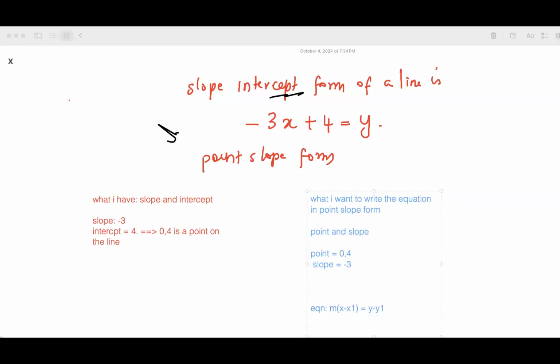How are we going to write it? You know the slope is minus 3. You put it outside. X should be there in our equation. X minus x1, where x1 should be that point, 0, will be equal to y should be there in my equation, minus y1. What is y1? The point, 4. Did you have any questions?